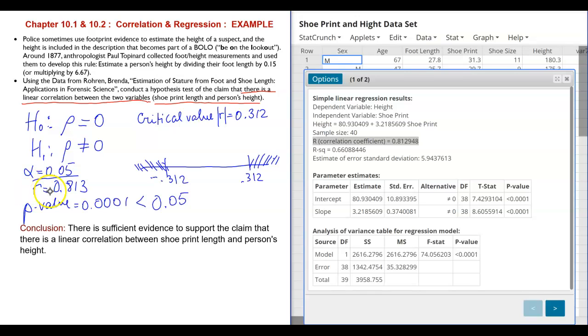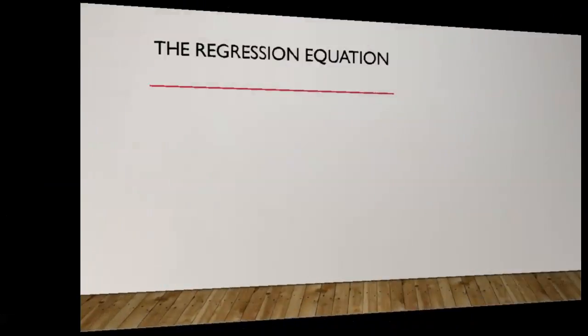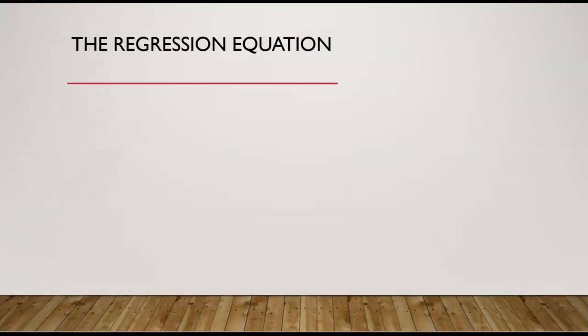The linear correlation R of 0.813 is located in the critical region. Therefore, we reject the null hypothesis. The same conclusion: there is sufficient evidence to support the claim that there is linear correlation between shoe print length and person's height.